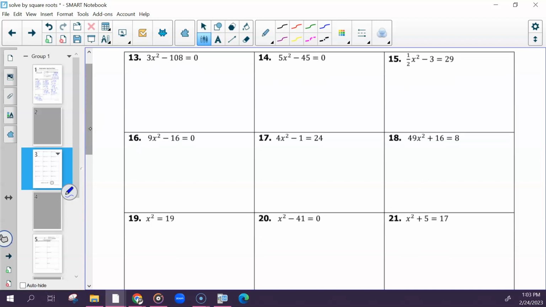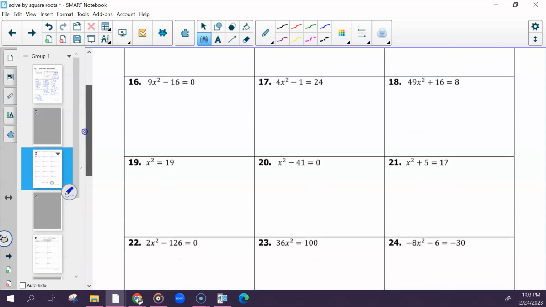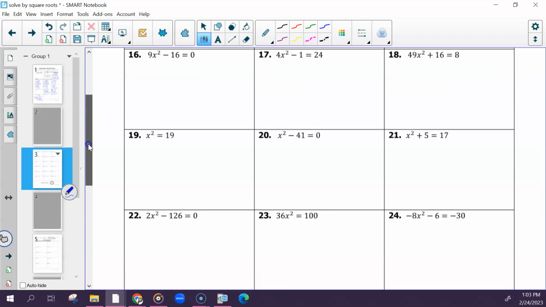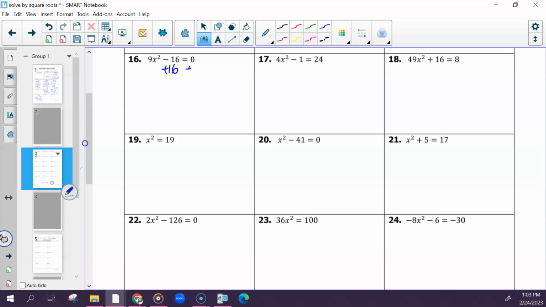Let's jump down to 16. Plus 16 first. And then? Divide by 9. Yeah. Okay.